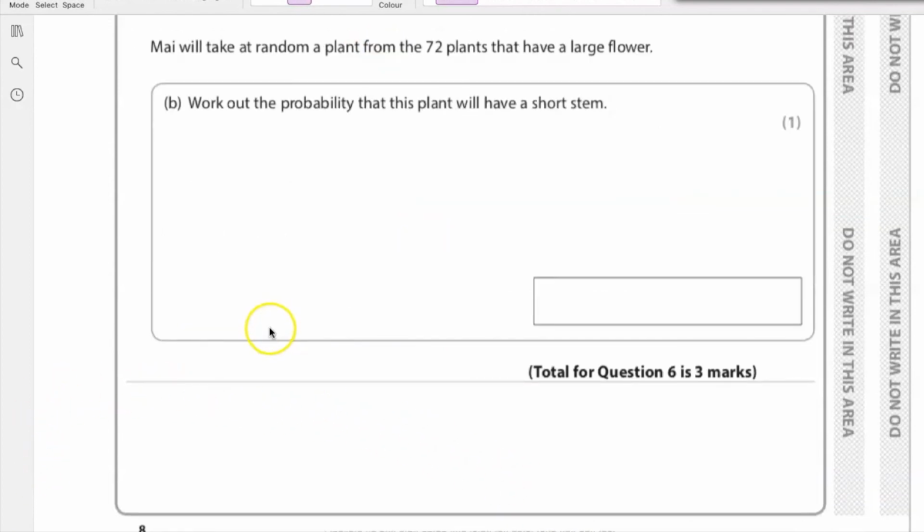Question 6b. Mary will take at random a plant from the 72 plants that have a large flower. Work out the probability that this plant will have a short stem. Going back to the table.